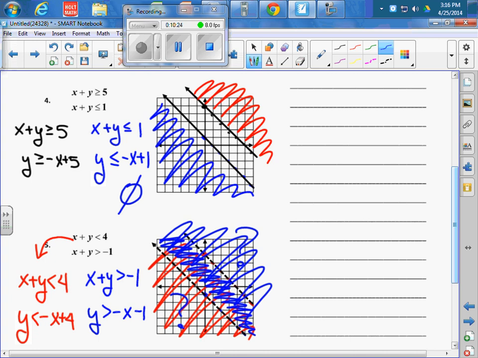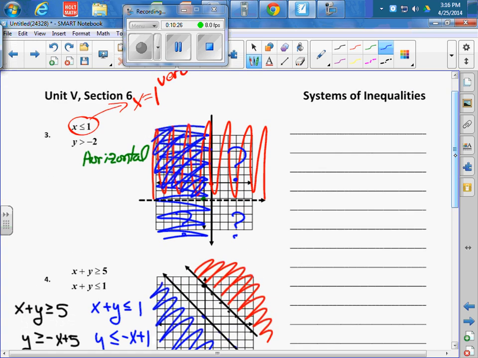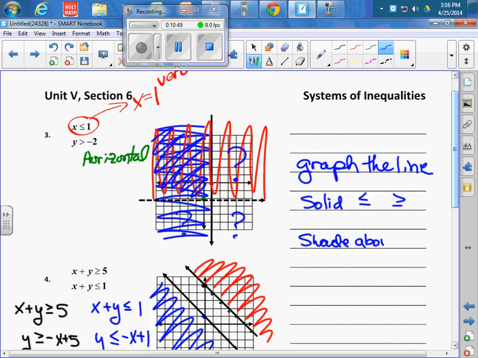So let's take a little bit of a review, to make sure that we understand exactly what's going on. We're going to start off by graphing the line. It'll be a solid line if it says less than or equal to or greater than or equal to. We will shade above if it says greater than, and we will shade below if it says less than.